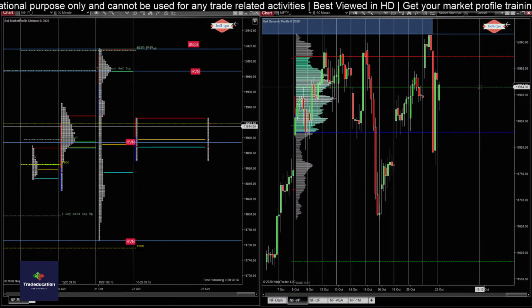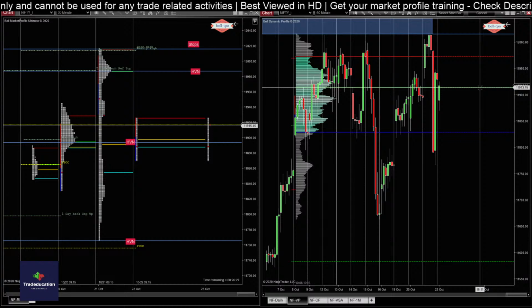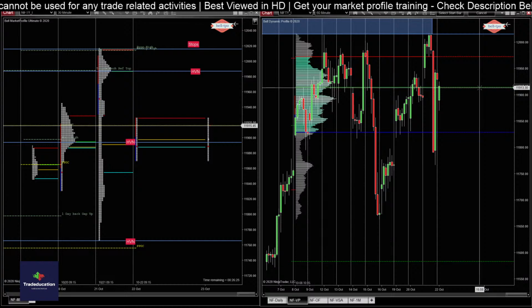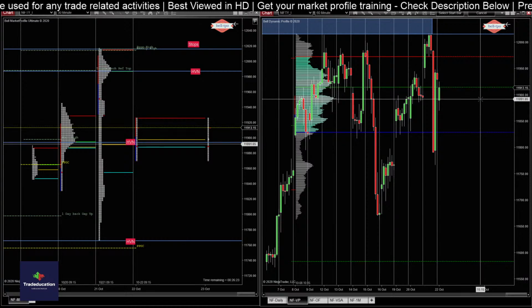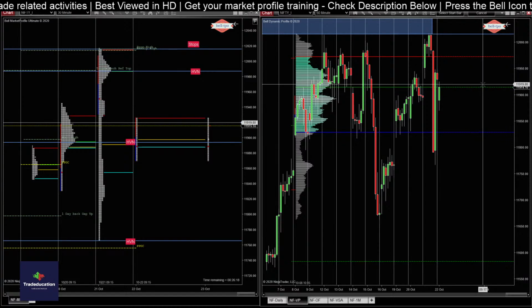So the auction just tagged the VPOC, seeing some sort of rejection. Yeah, this is the HVN. We have got one more HVN here.